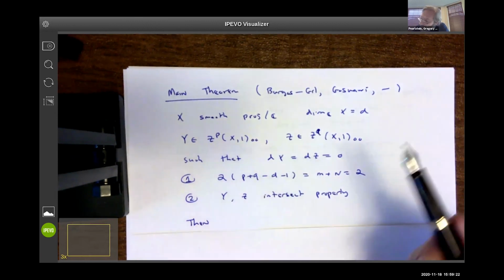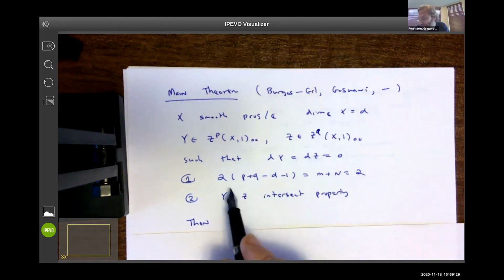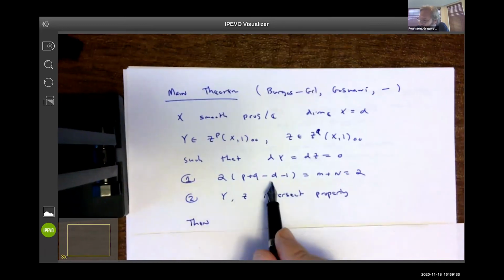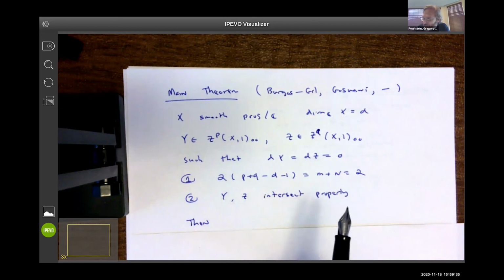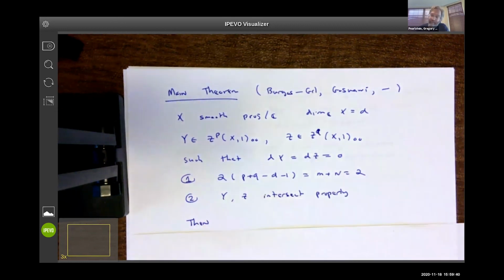These will give us classes in the higher Chow groups. And I'm going to put on this condition, just like we had before, that 2p plus q minus d minus 1 is m plus 1. And I'm going to require that they intersect properly. But I'm not going to say anything about their real regulators having to be equal to 0, because I want to be able to move my cycles in families, and I can't do that if I make this requirement about the real regulator being 0.